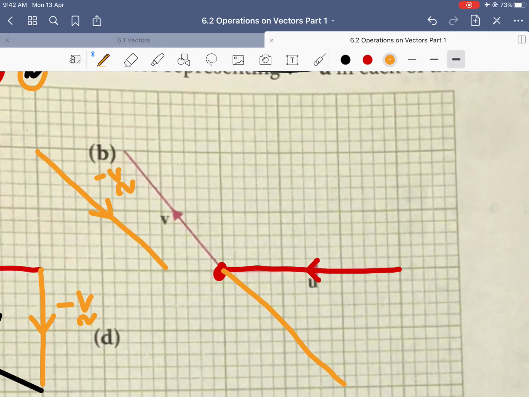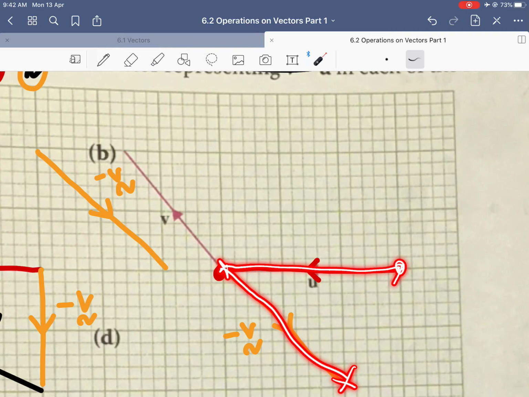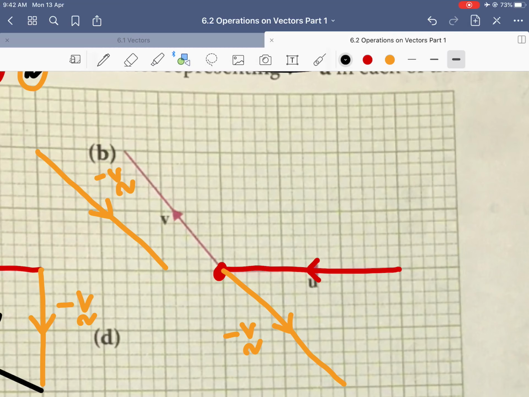So negative v will look like this. What I have here is, I started here, I continue walking, I end off here. My resultant is down here. So the resultant of u minus v is this vector over here in black. This is u minus v.